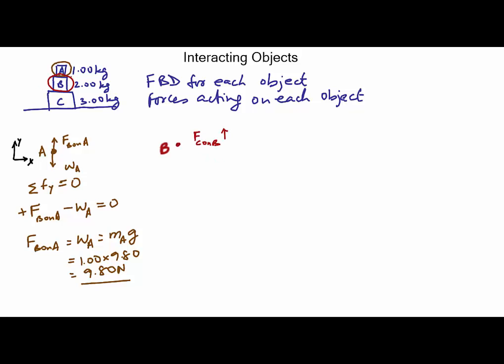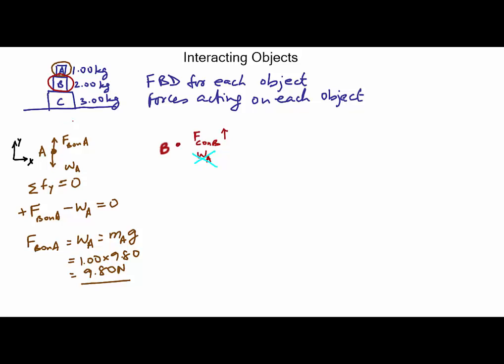And as we go around it, here there's a contact between A and B, and you might be tempted to call that the weight of A, but that technically would be incorrect, because the weight of A is a force that acts on A from the earth.